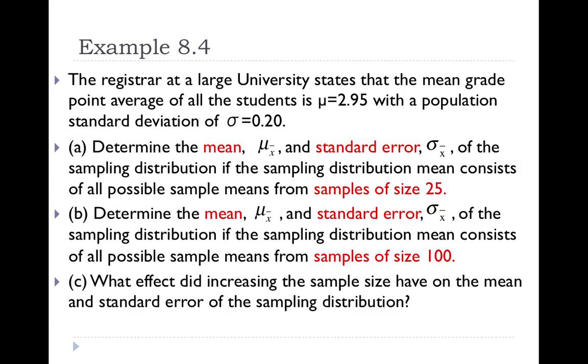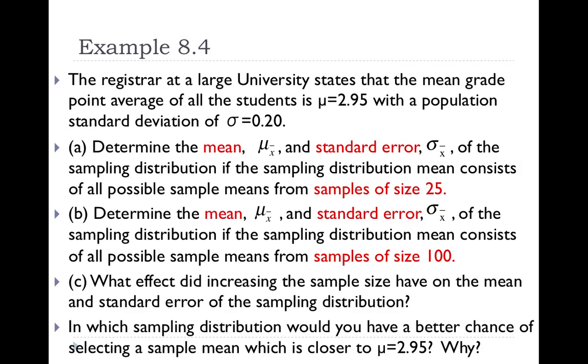What effect did increasing the sample size have on the mean and standard error of the sampling distribution? In which sampling distribution would you have a better chance of selecting a sample mean which is closer to mu equal 2.95, and why? So when we see the words better chance, we should think about probability.